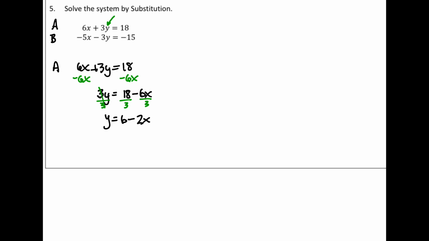Okay, so in our series of steps, solve, substitute, solve, we've solved. Now I need to substitute. Since this was A, I am going to put it into B. So substitute it into B. I'm going to write B over here just so I have it.